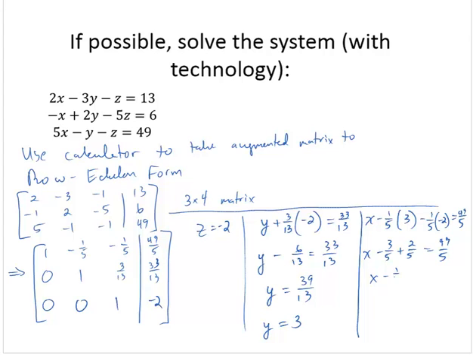X minus 1/5 is 49/5. Adding 1/5 to both sides, x is 50 over 5, which is 10. So therefore the solution is 10, 3, -2.